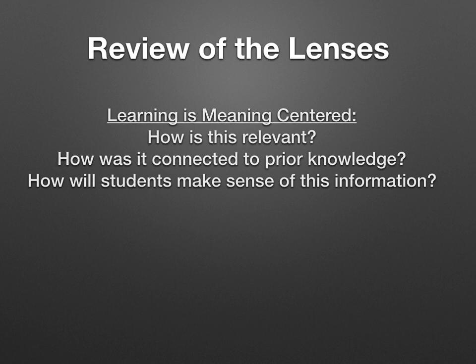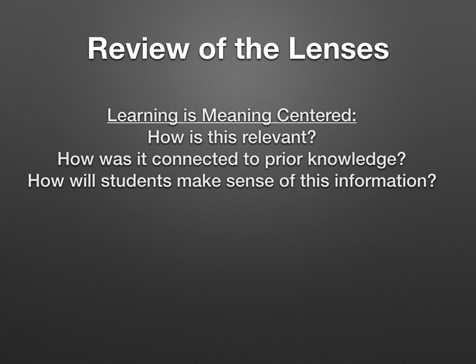So in your mini lesson, I want you to look down at your paper and put an M in a little circle by any places where you notice that you made it relevant to the students, where you connected to their background knowledge, and how they made sense of the information.